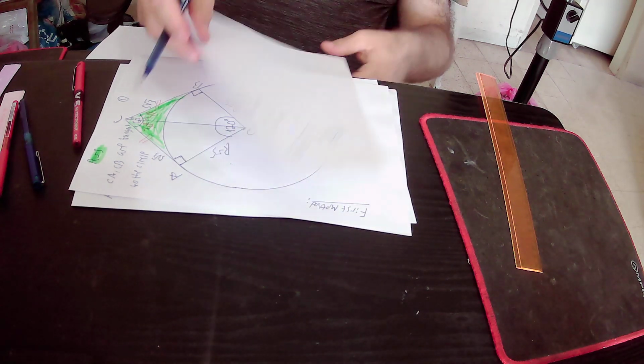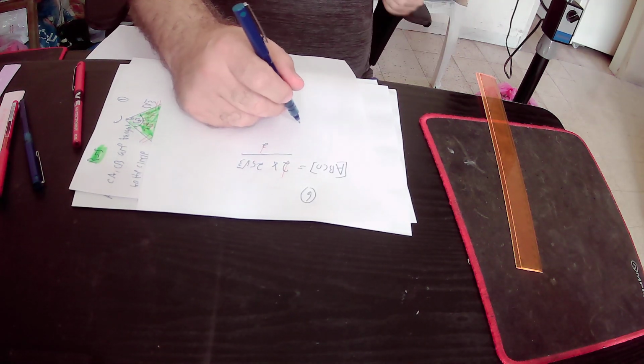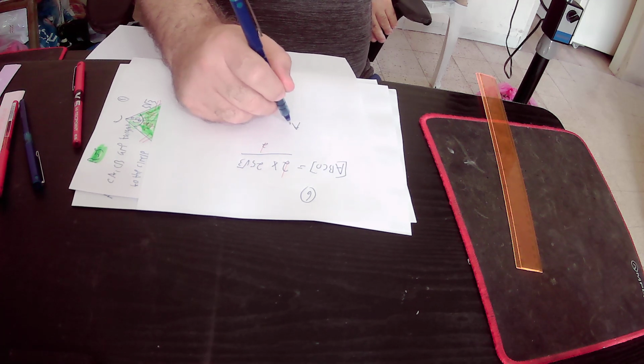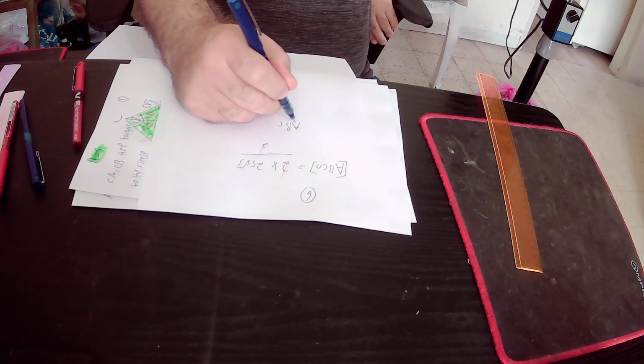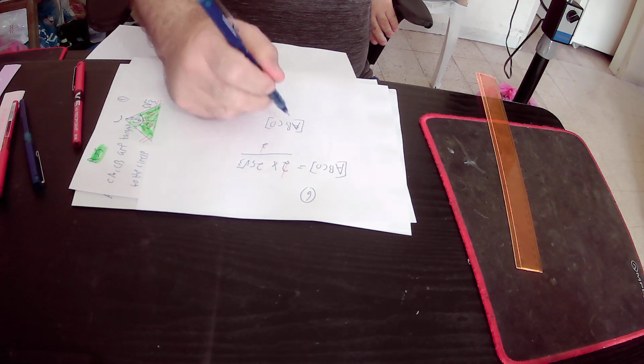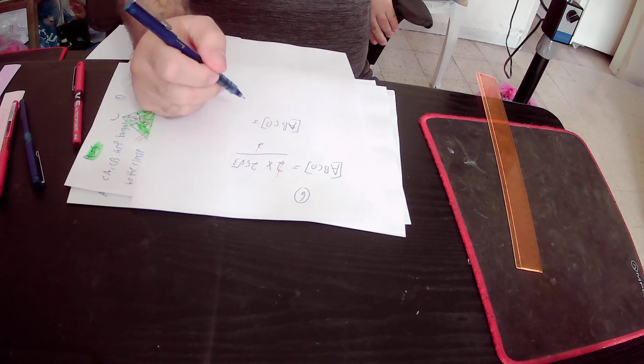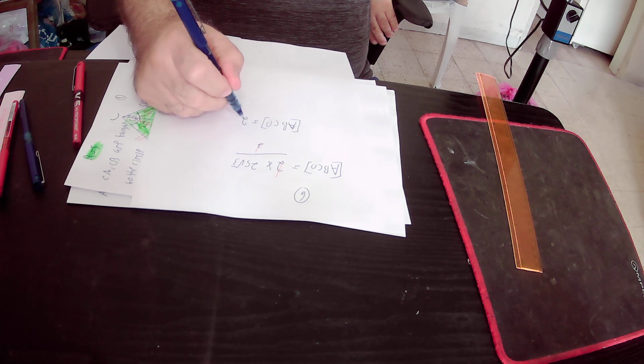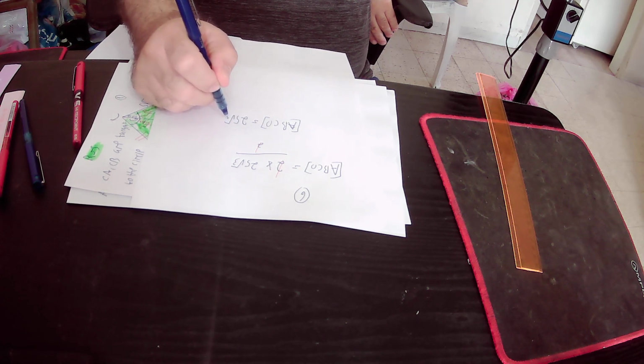The area of quadrilateral ABCO equals 25 times root 3 square units.